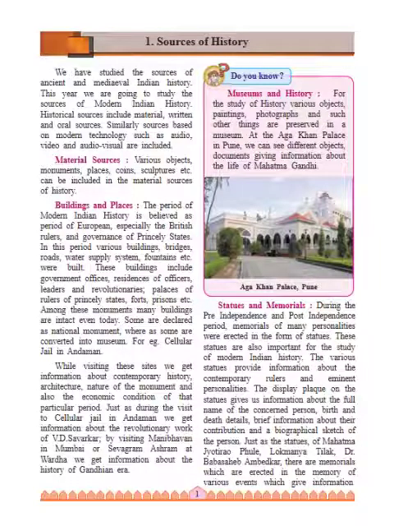In this period, various buildings, bridges, roads, water supply systems, fountains, etc. were built. And these buildings include government offices, residences of officers, leaders, and revolutionaries, palaces of rulers of princely states, forts, prisons, etc. Among these monuments made, many buildings are intact even today.